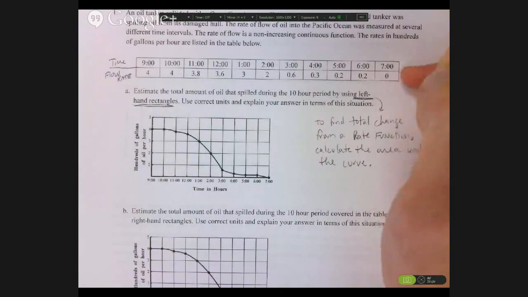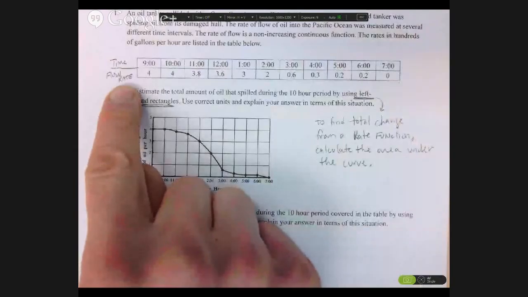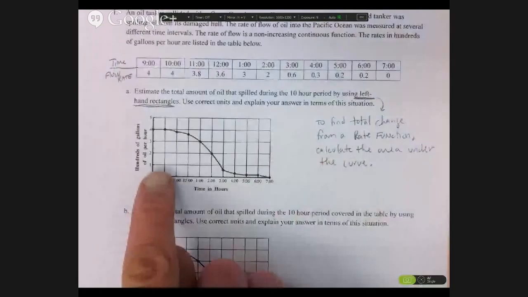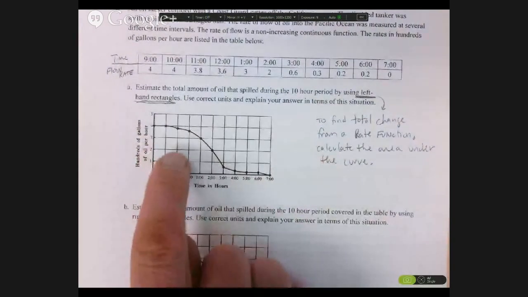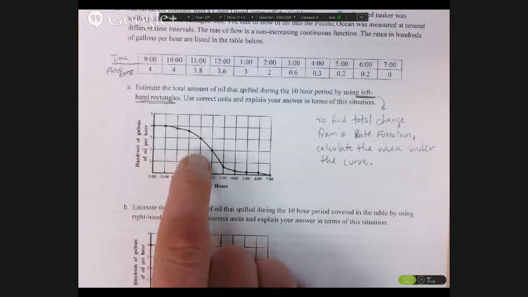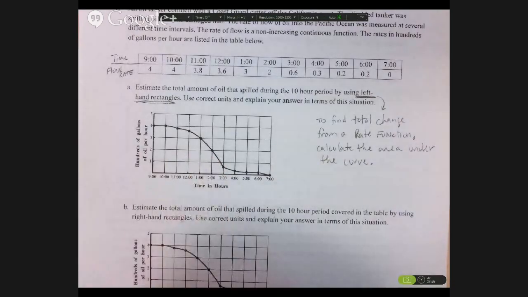Okay. So one of the big things with integrals is if you're given a rate function, here you're given flow rate of an oil spill, and that's what this graph is. If you do an area calculation under the curve, you're going to find how much oil has spilled. Okay, and they use this on oil spills. Because they can calculate the rate it's flowing out because of the amount that's dropping in the oil tanker.